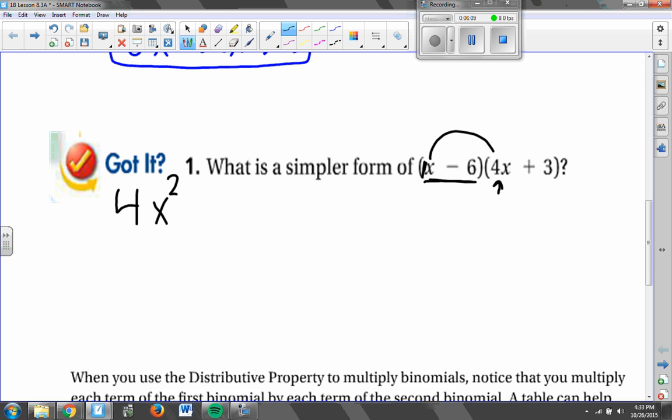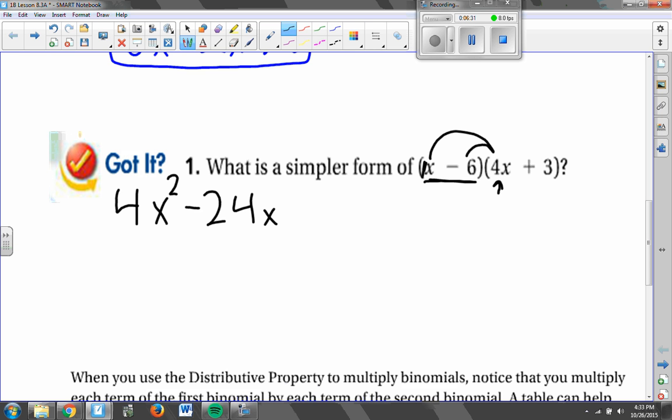That's 4x squared. If I take my minus 6 and distribute it to that 4x, minus 6 times 4 is minus 24. I still have an x attached. So that's my first term here, this 4x. I distributed both pieces to the 4x.